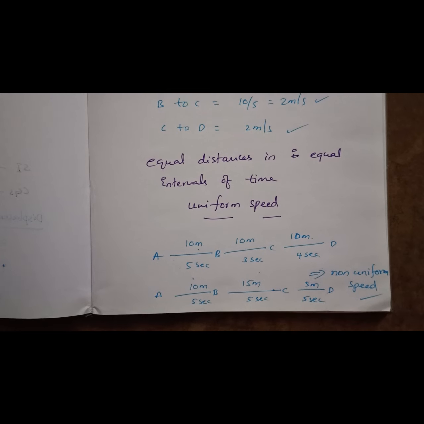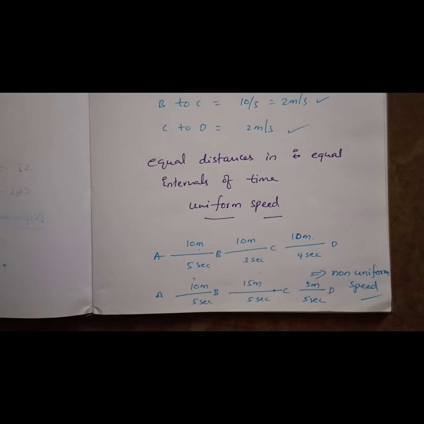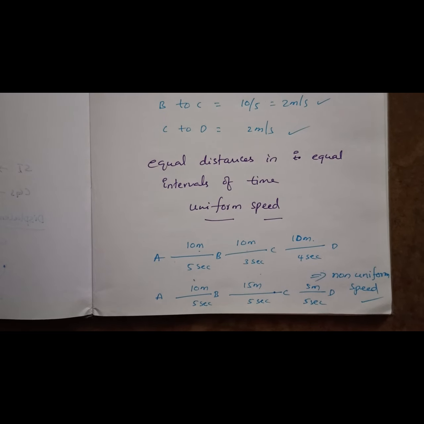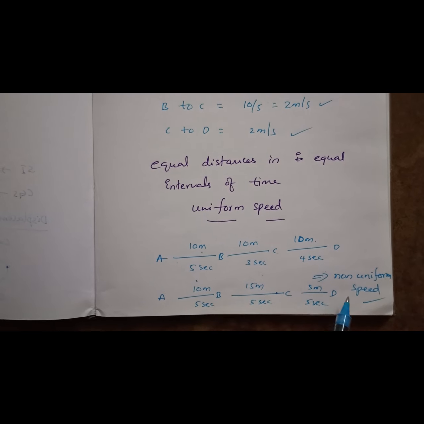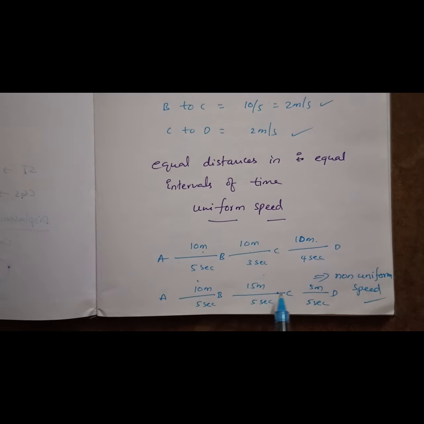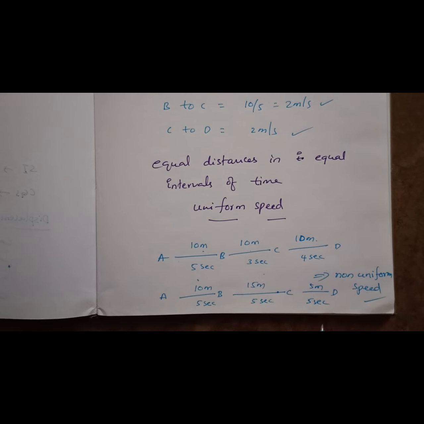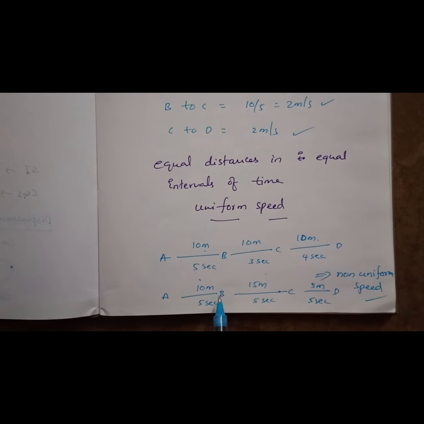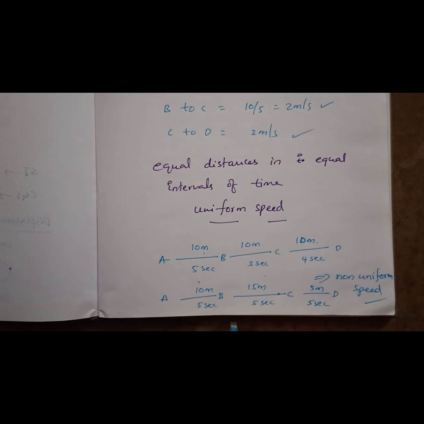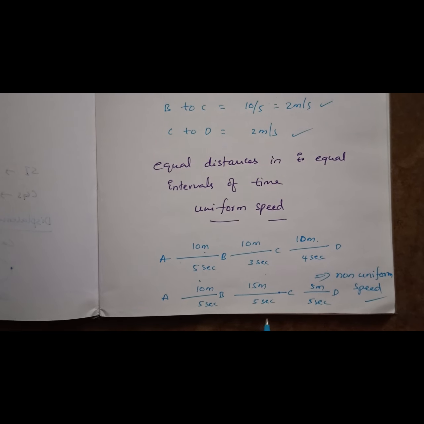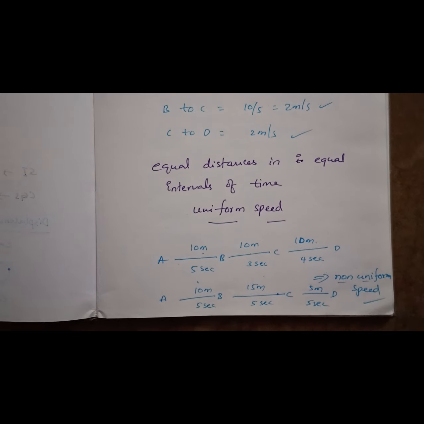Now here times are equal but distances are different. So we can say the body travels unequal distances in equal intervals of time, then it is non-uniform speed.